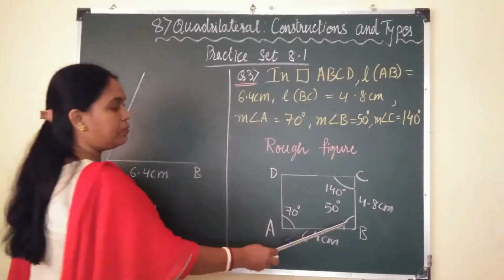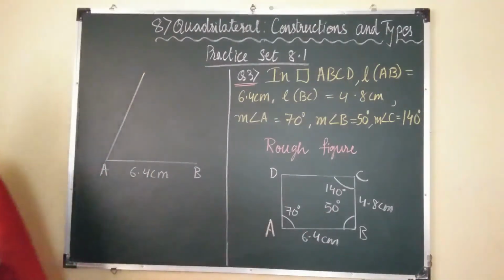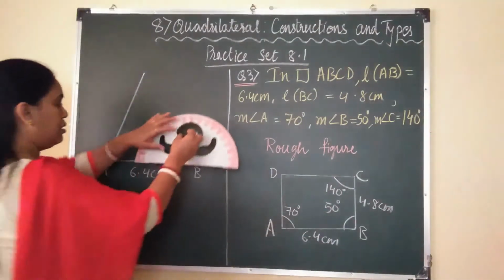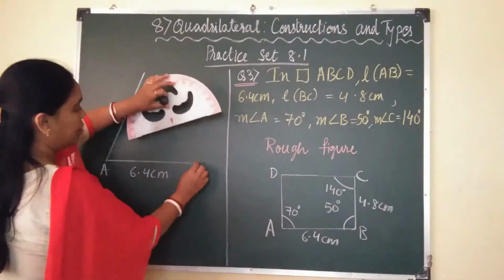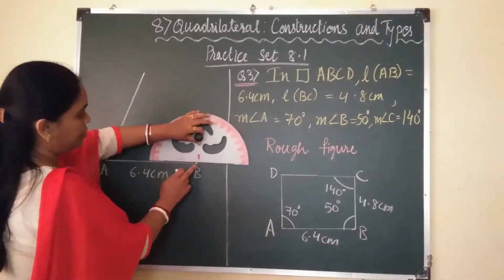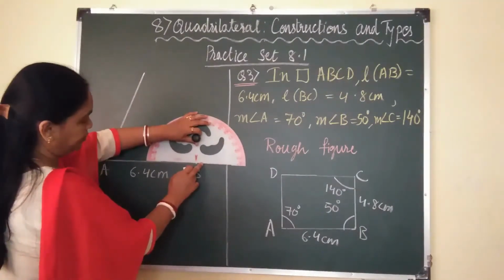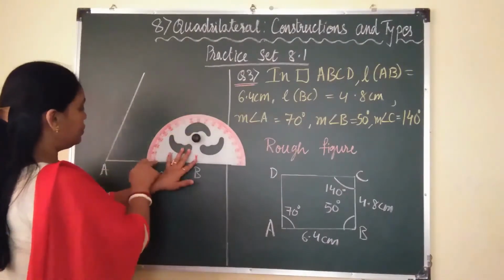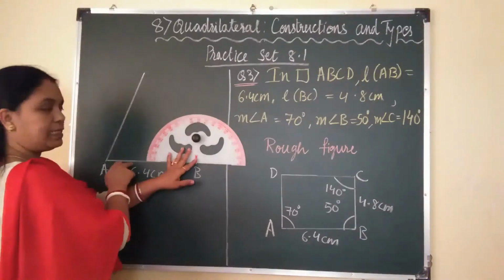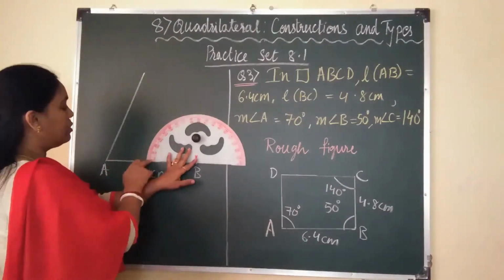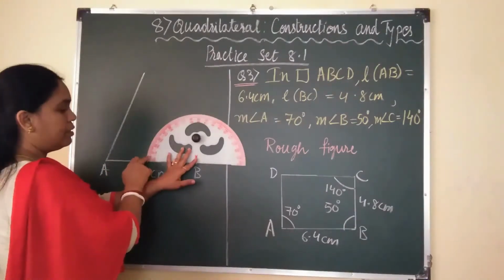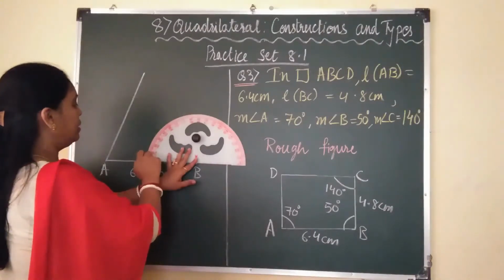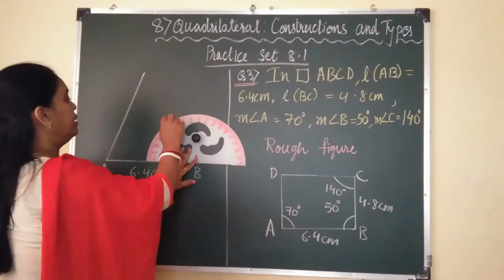Next, measure angle B is 50 degrees. Keep your protractor, the pointer at point B. 0 should coincide with the line segment. Then start counting from 0 degrees till 50 degrees. 10, 20, 30, 40, 50.